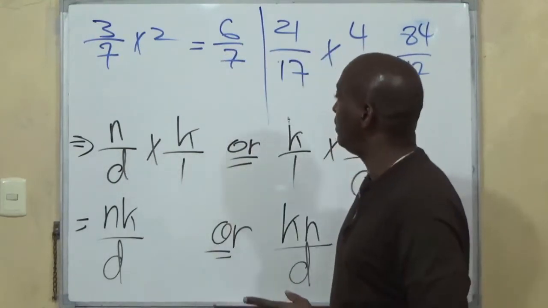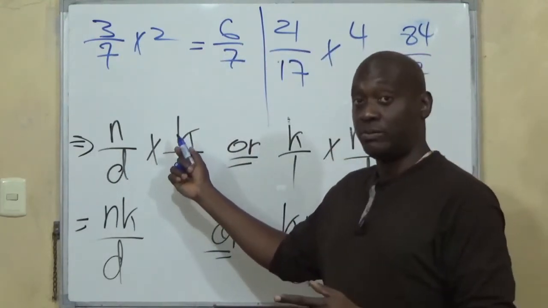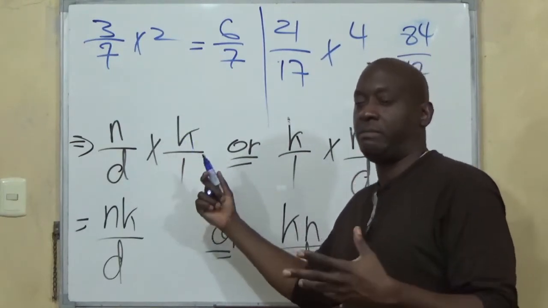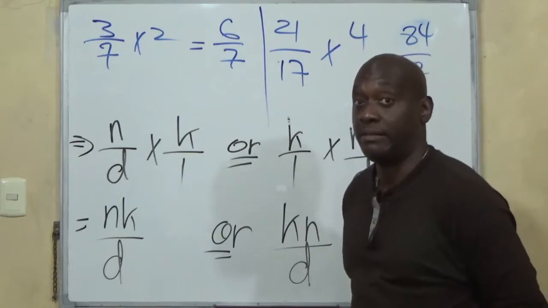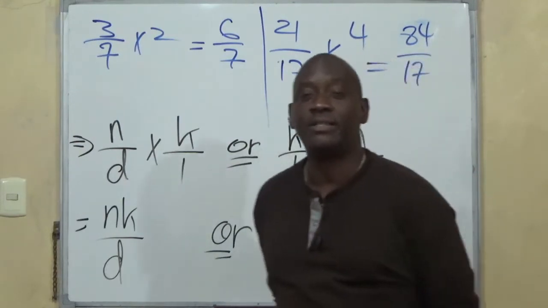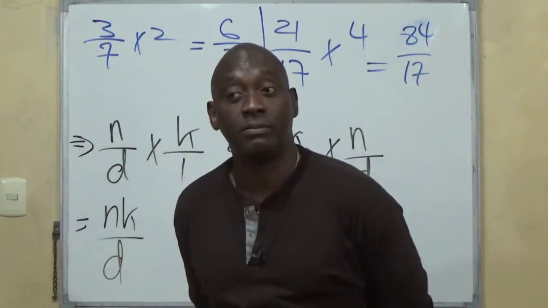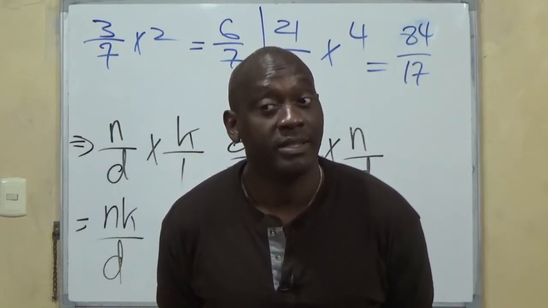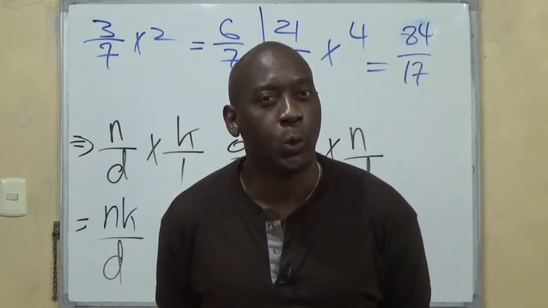Because remember, this k could be a decimal too. K could be 3.5. K could be 2.89. So if you have to multiply a fraction by a constant, even if the constant is not a whole number, you multiply the constant by the numerator and the numerator alone.